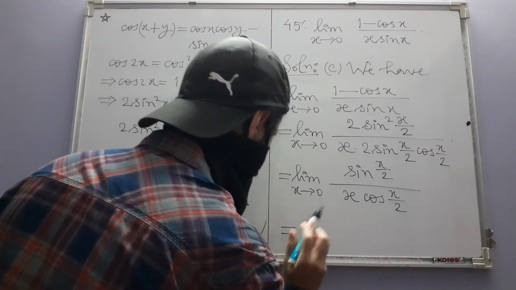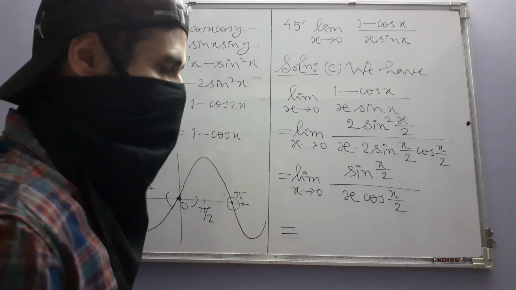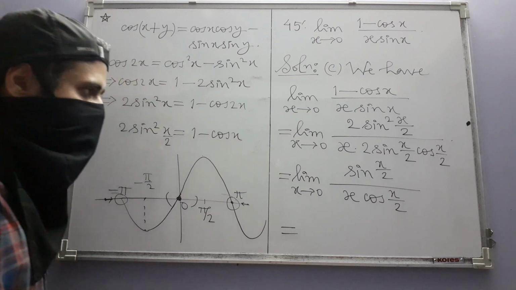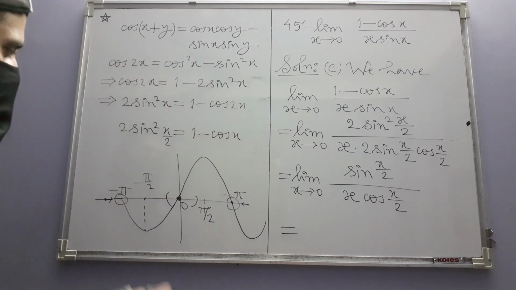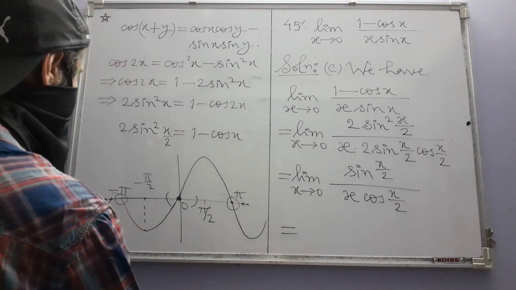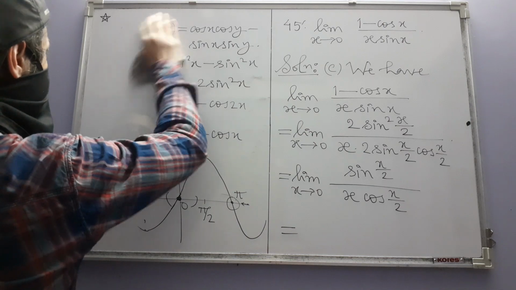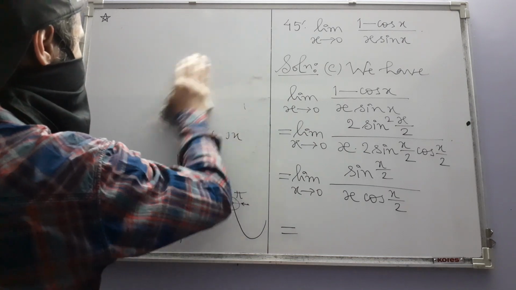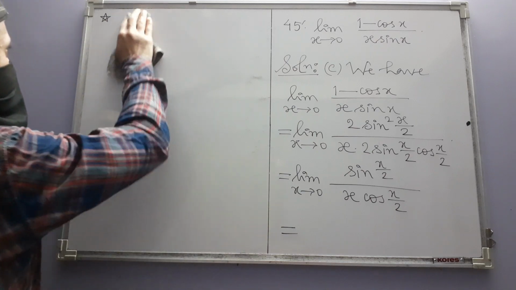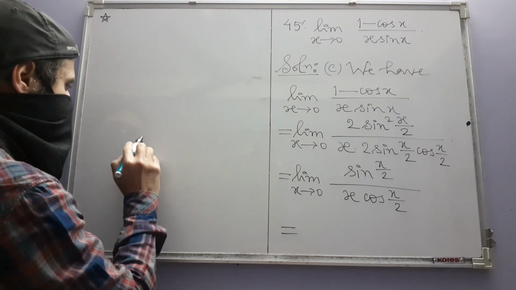Now the thing is this, there is a result which you will come across only much later, a standard limit which helps us in such a situation, and that standard limit I am going to write now. That standard limit is this.